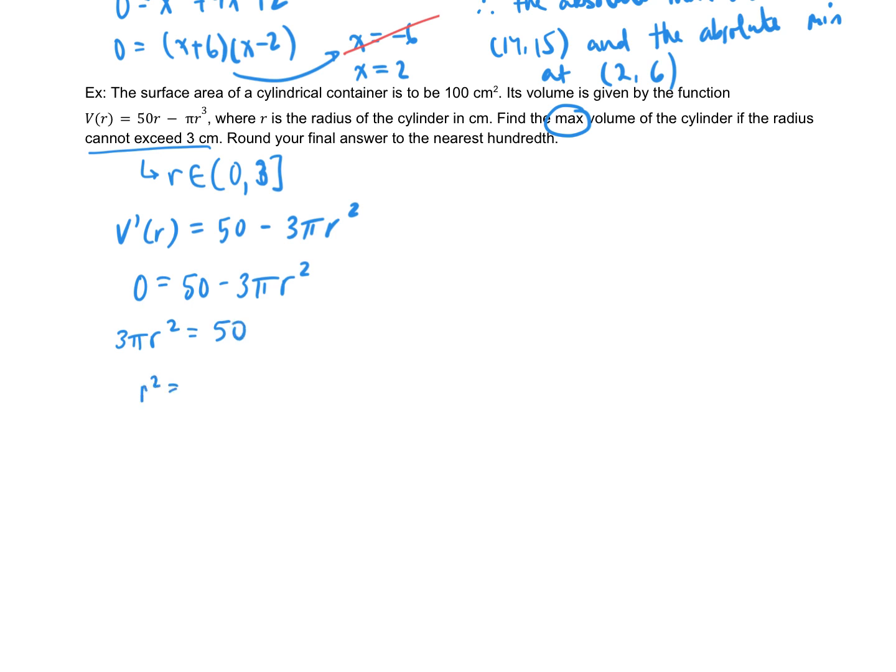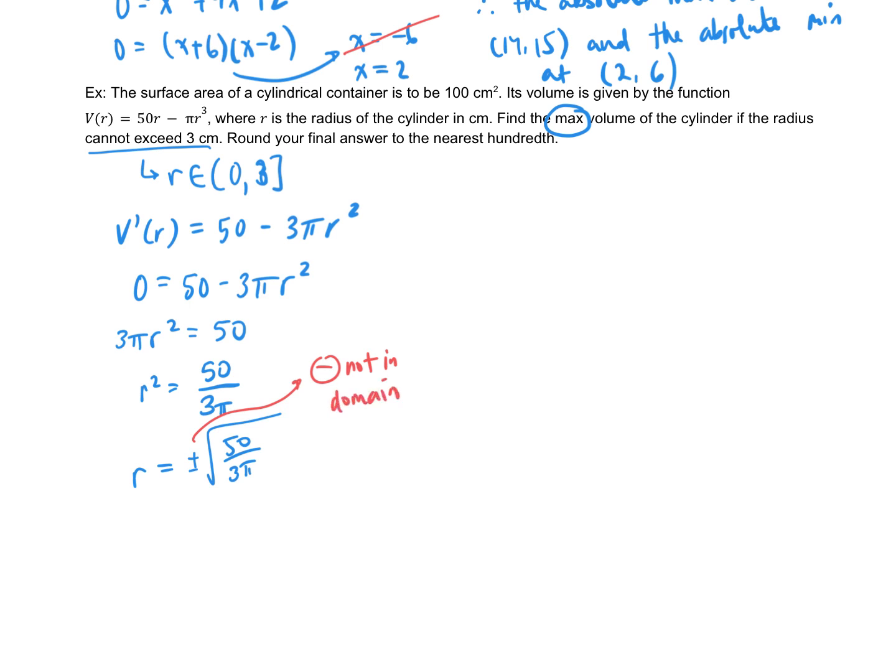I'm going to divide both sides by 3π, and then I'm going to square root both sides. And I know I would have positive or negative of it, but the negative radius isn't within the domain. So negative not in domain, so I'm not even going to consider that.